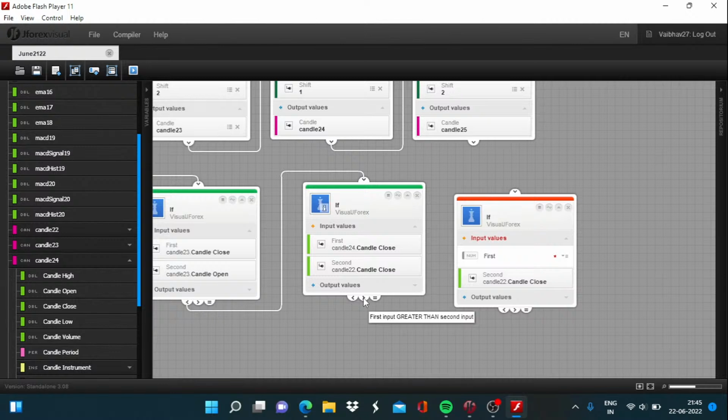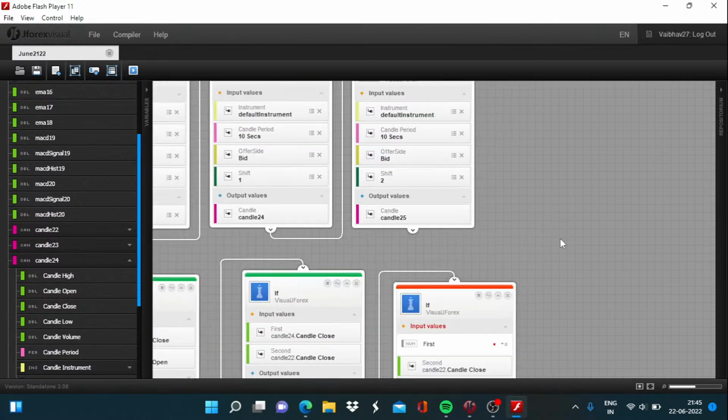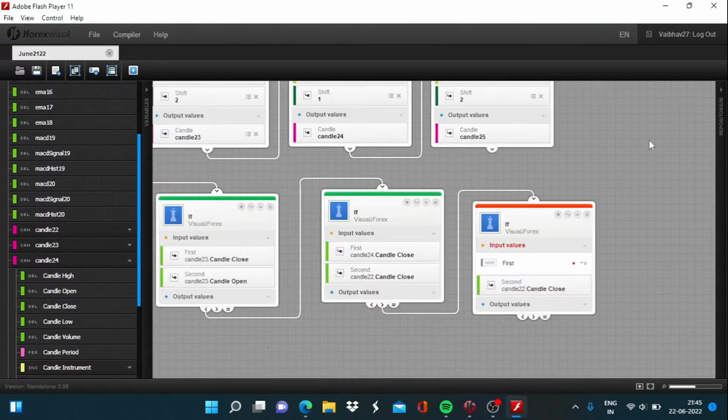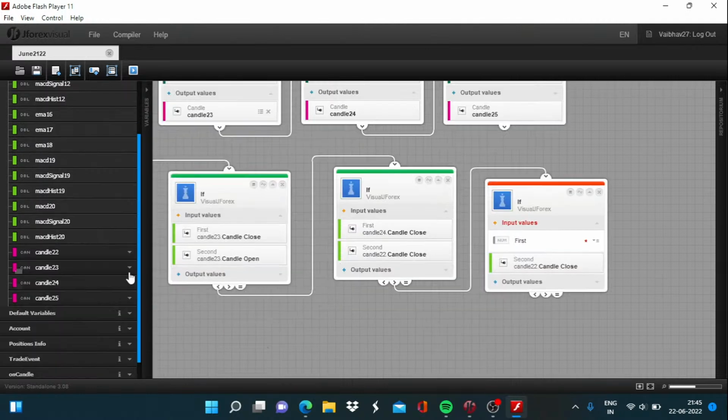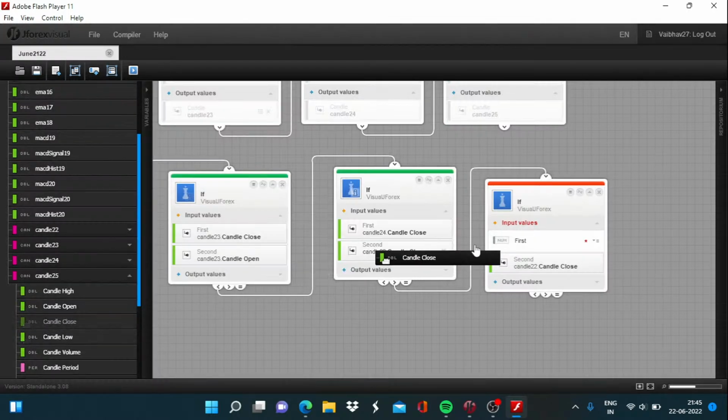First input greater than second input, whereas the penultimate 10-second candle, candle 25th, it should have closed on the lower side.